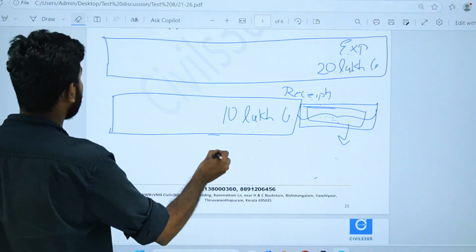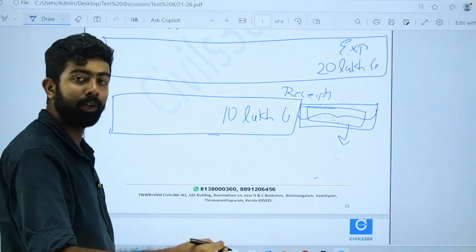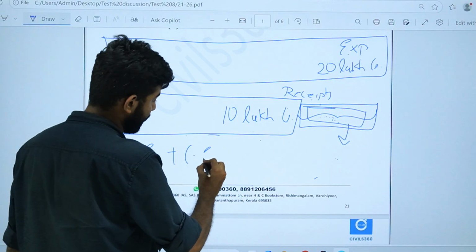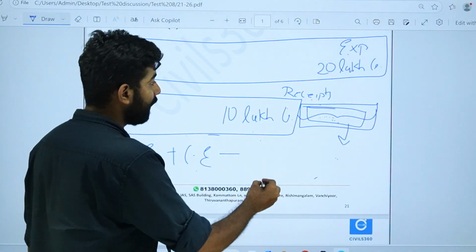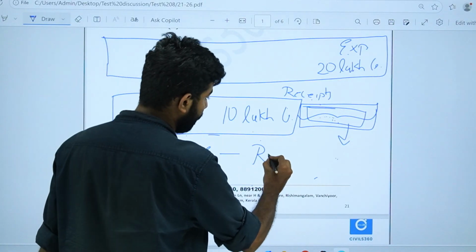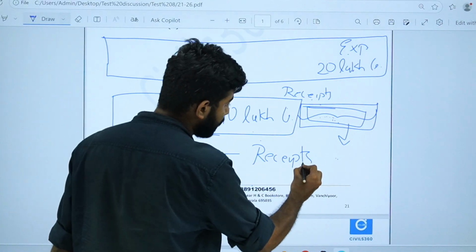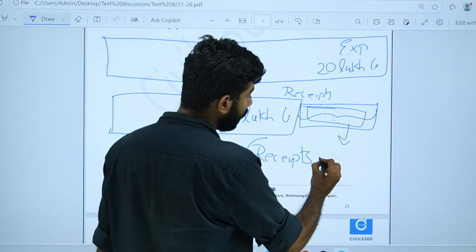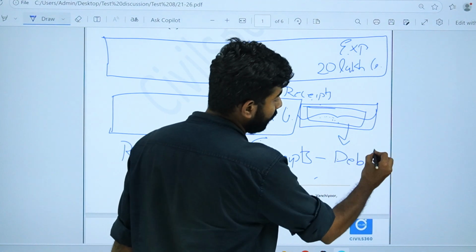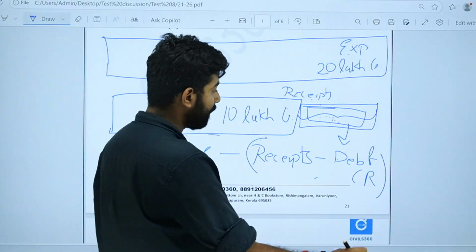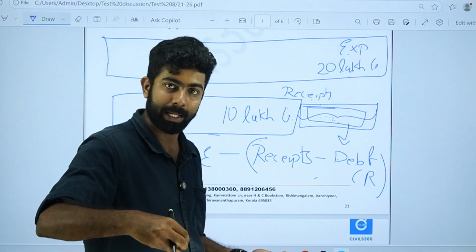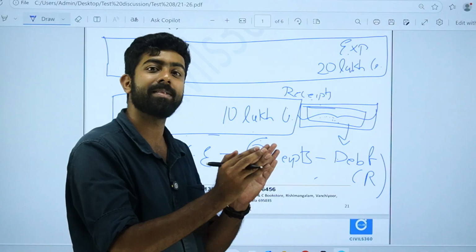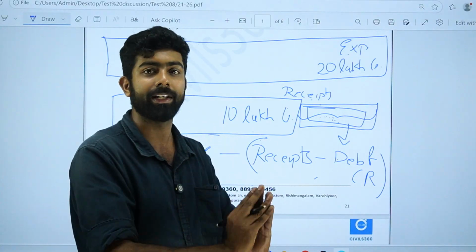You add revenue expenditure plus capital expenditure, and you subtract the total receipts, but you have to exclude the debt creating capital receipts, because that is the final borrowing requirement.